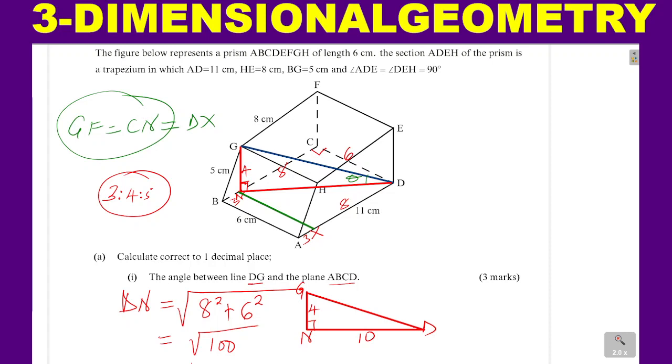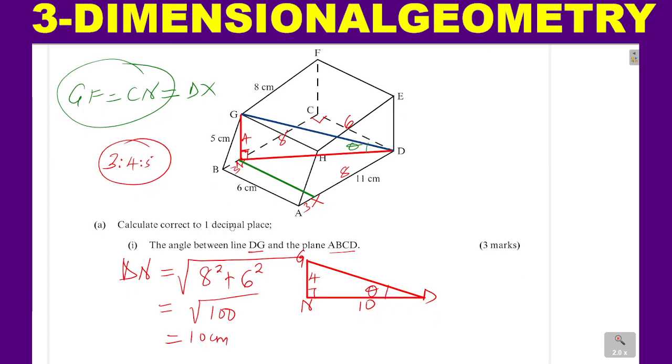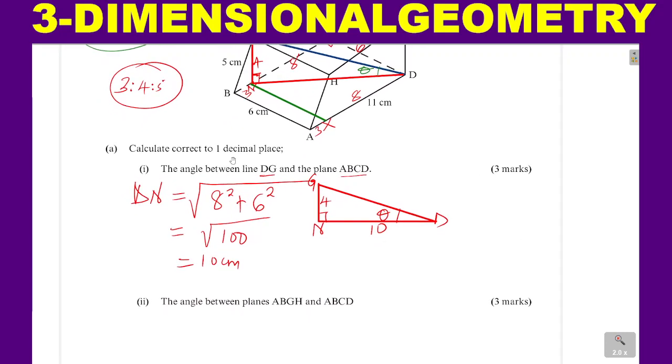To get this angle, which is the angle that we require, we simply need to use trigonometric ratios. For this one, we shall use tangent. So tangent of theta will be opposite, which is 4, over adjacent, which is 10.